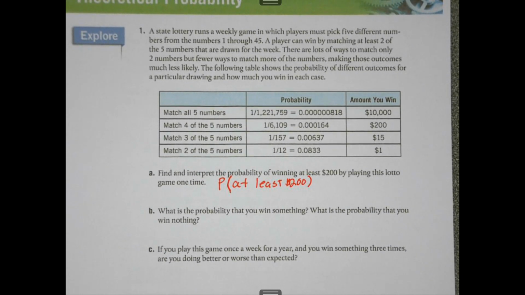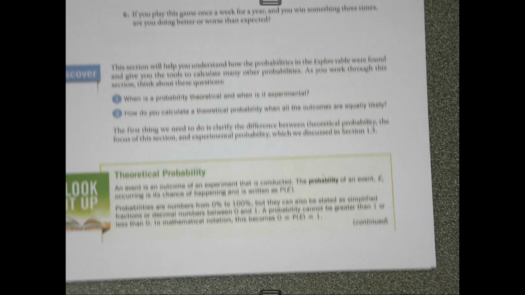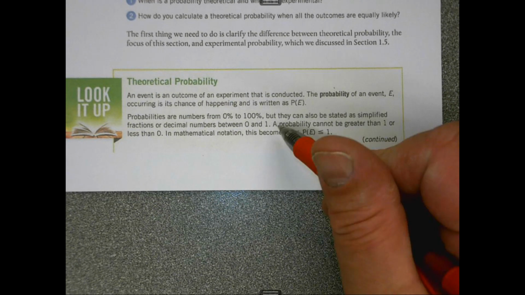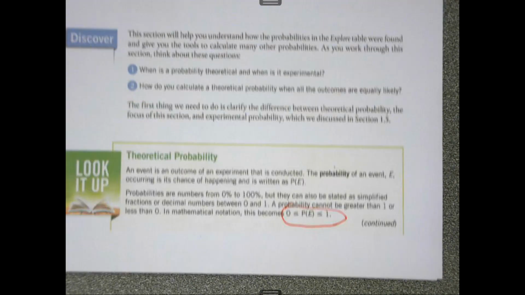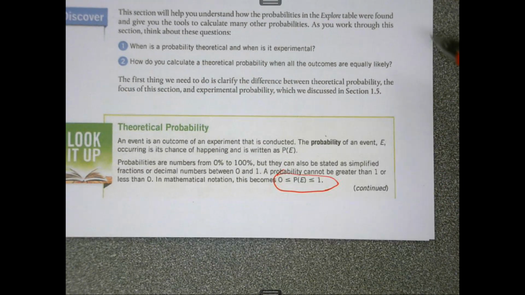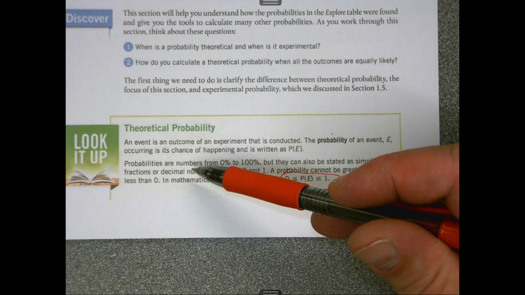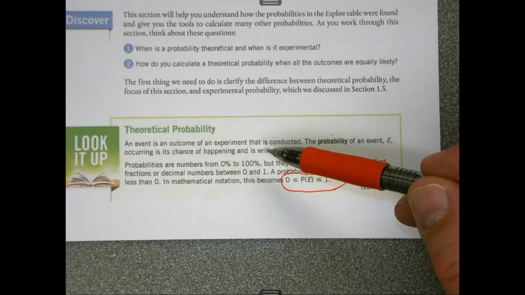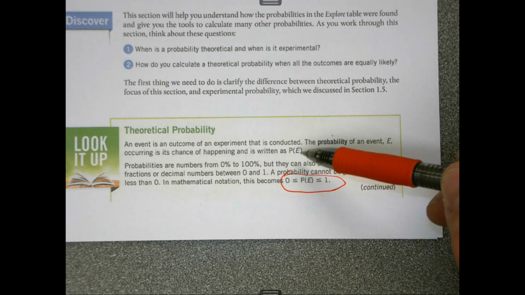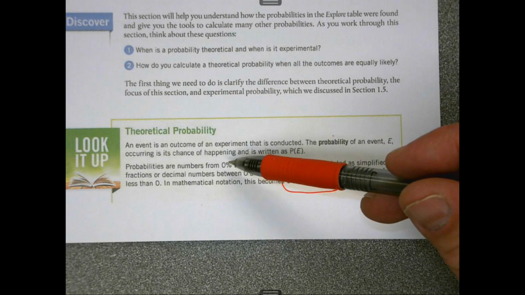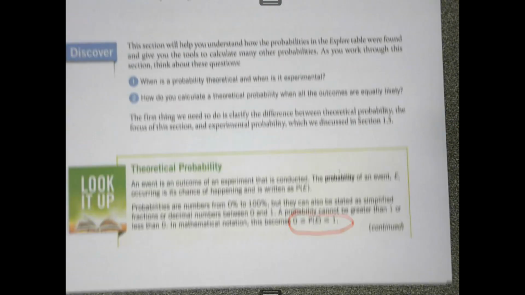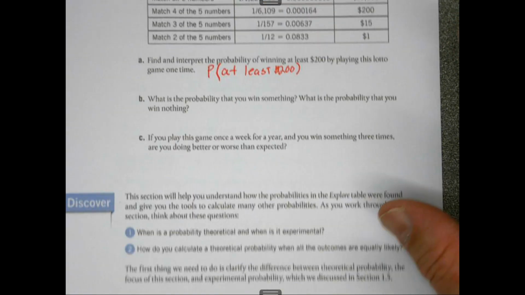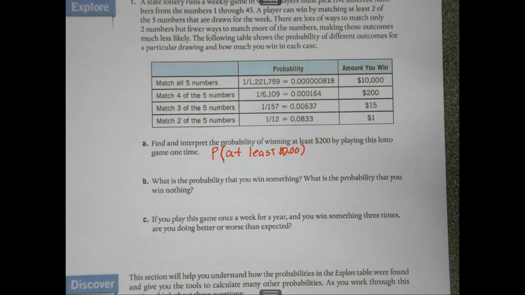It's explained down here in theoretical probability, a little explanation, the definition. The probability of an event occurring is the chance of it happening and is written as the probability of E. And it has to be between 0% and 100%. Okay, that's theoretical probability. All right, so I want the probability of at least $200.